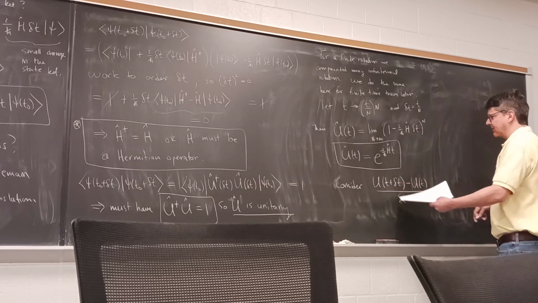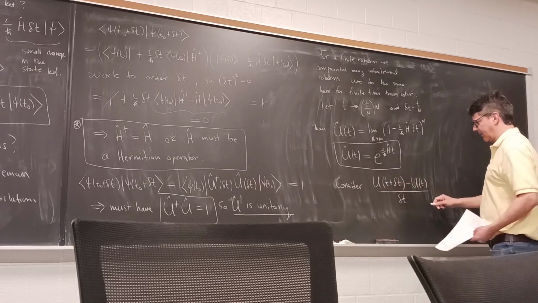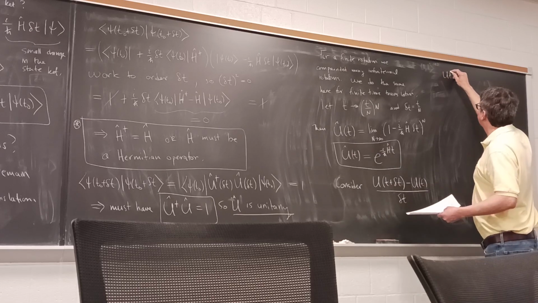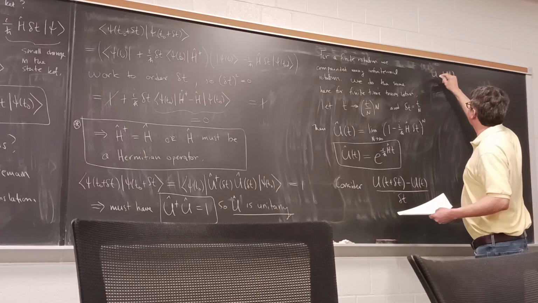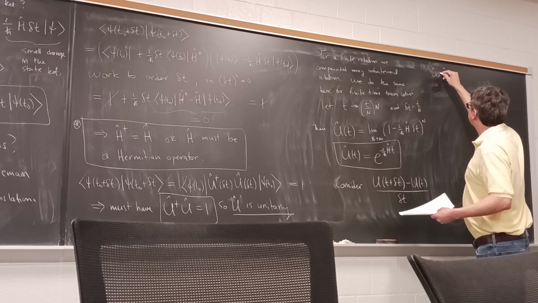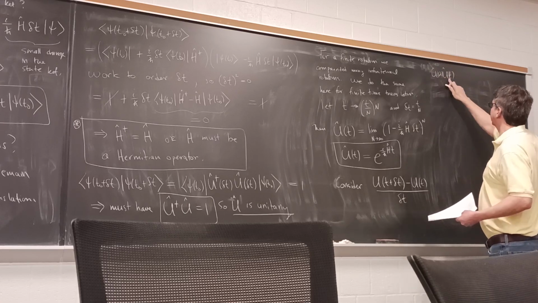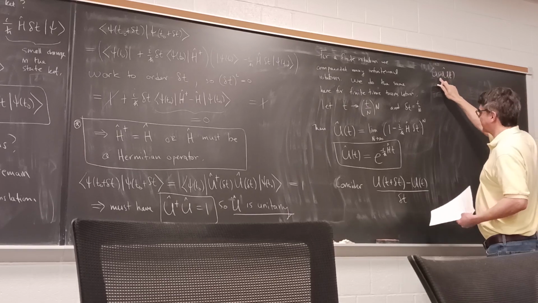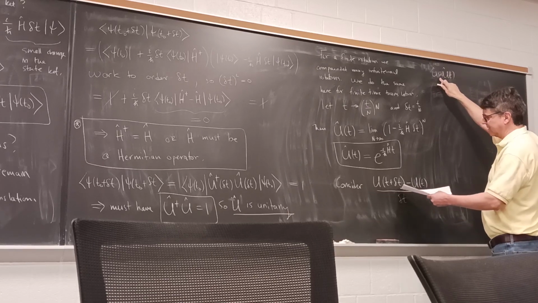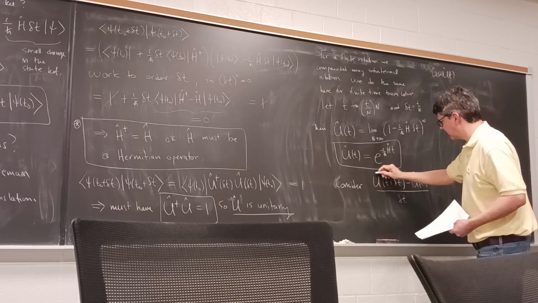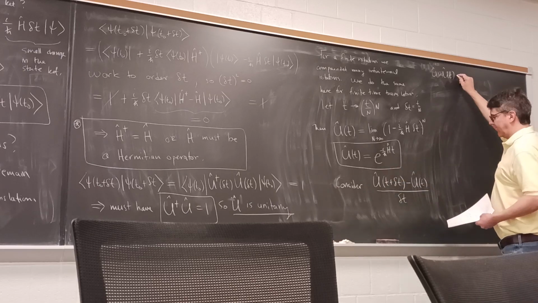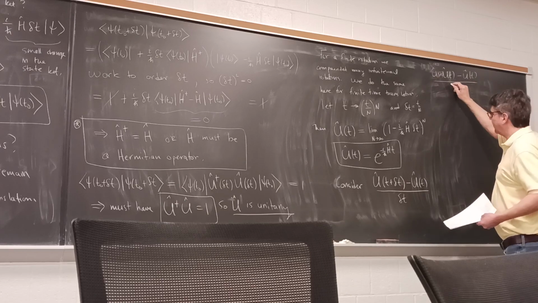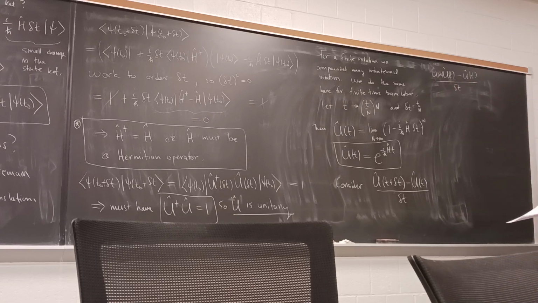So I can write this as U at t, and then U hat delta t, because I'm just compounding a finite rotation by an infinitesimal rotation. And now I'm subtracting U hat of t over dt.